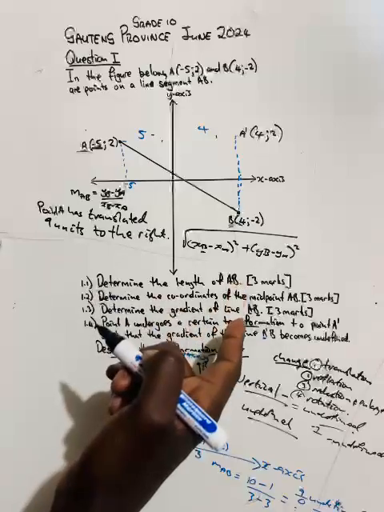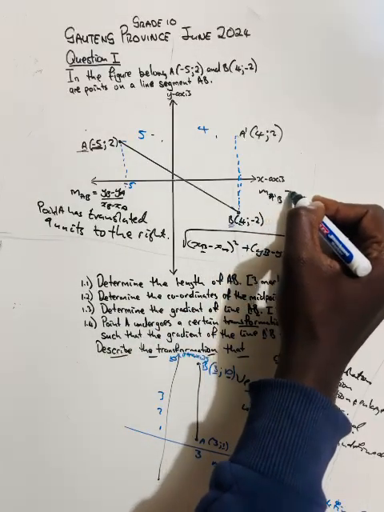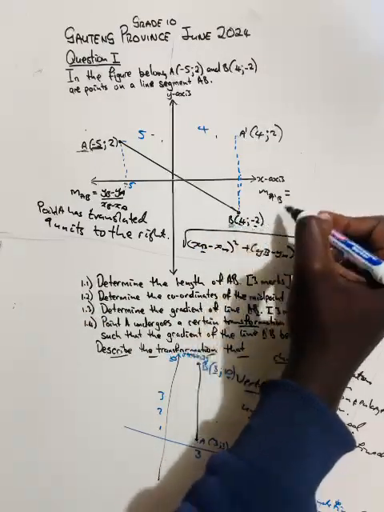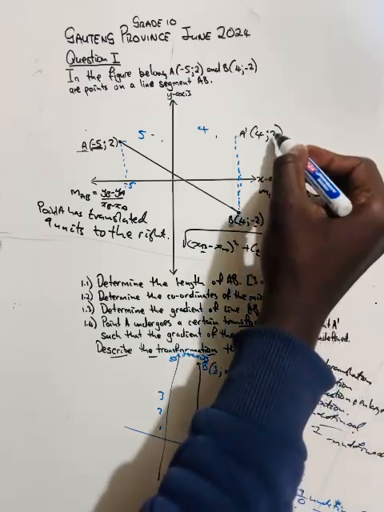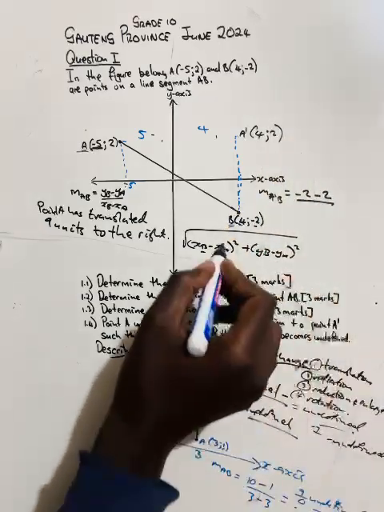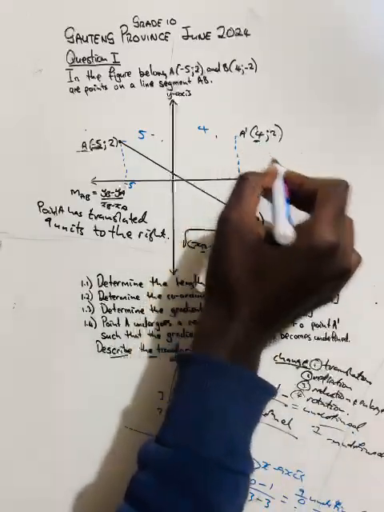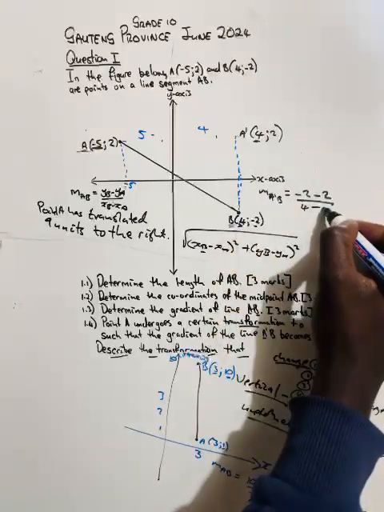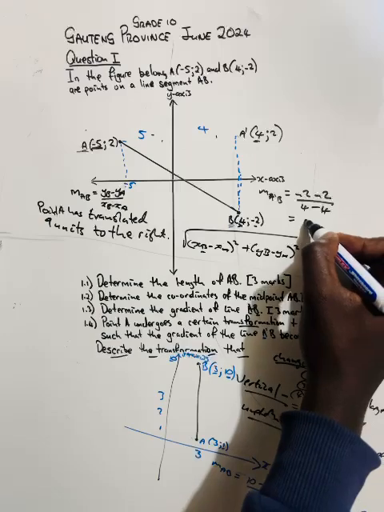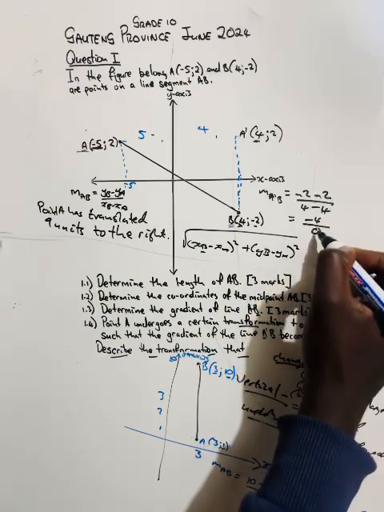And then if I were to look for the gradient of this new A prime B, it is equal to my y at point B, -2, minus my y at point A prime, 2, all over my x at point B, 4, minus my x at point A prime, 4. -2 minus 2 gives me -4, over 4 minus 4 gives me 0.